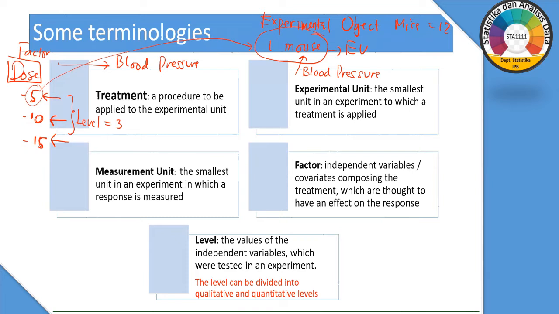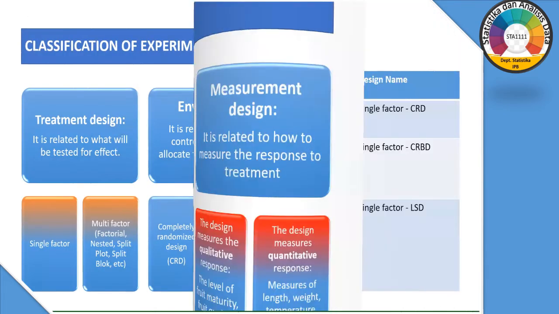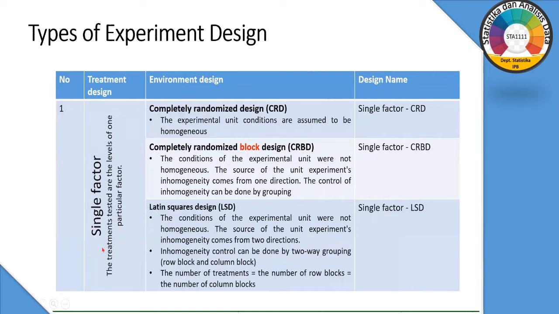Later on, in an experiment involving more than one factor, the treatment is the combination of levels of the factors that you use in that experiment. Okay, let's go back here. Again, the treatments tested are the levels of that factor, right?